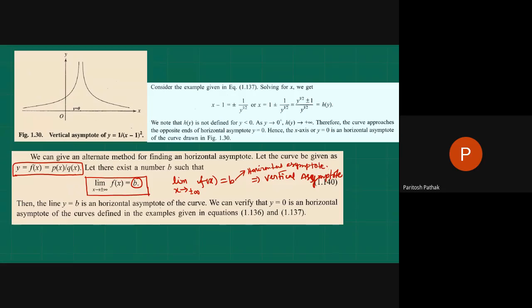Sir, there was a concept in 12th class that the asymptote and the curve differ only in the constant term. We studied that the equation of the asymptote and the equation of the curve differ only in the constant term.